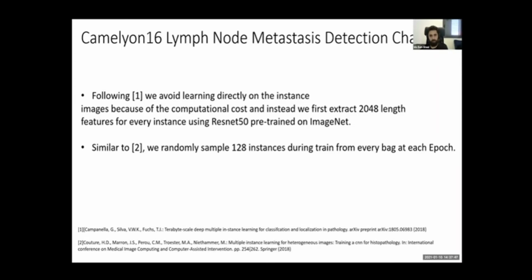One more thing before we get to the results. Following prior work, instead of learning on the patches directly, we passed them through a ResNet-50 pre-trained on ImageNet, and then learned on the embeddings. And then as a form of augmentation, instead of taking all the instances in every epoch, we sample 128 from every bag at every epoch.